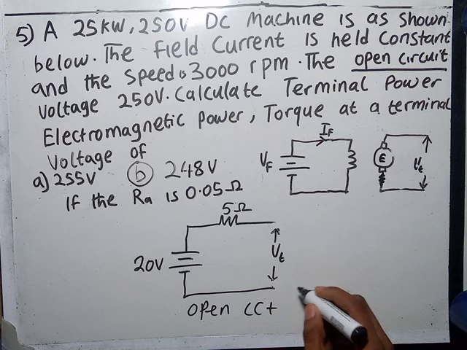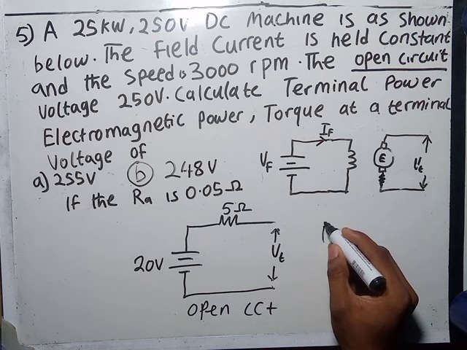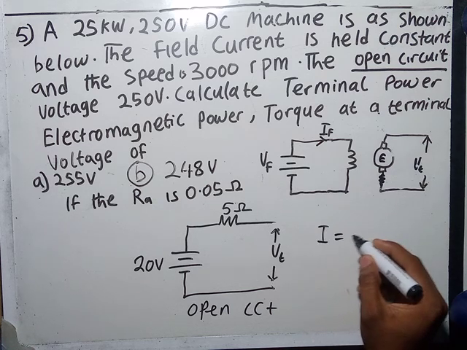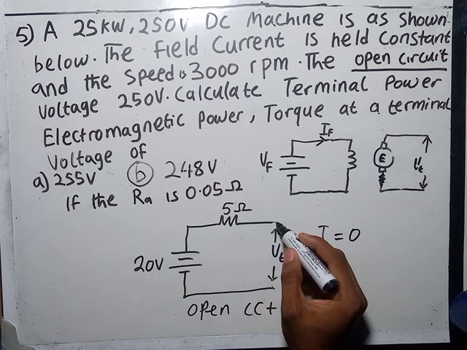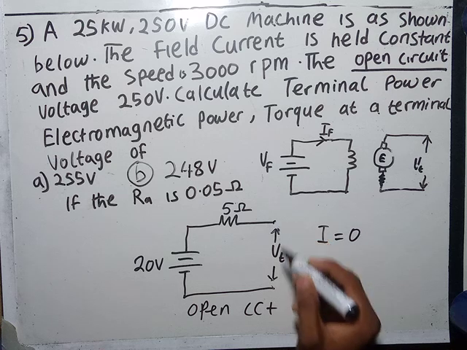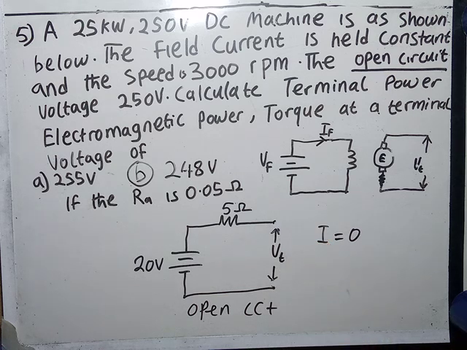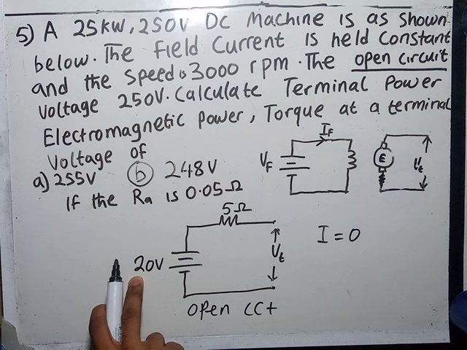So in our open circuit, we know that the current is zero. Another thing that we also need to know is that the voltage at this point, which is our VT, is equal to the voltage of the battery.